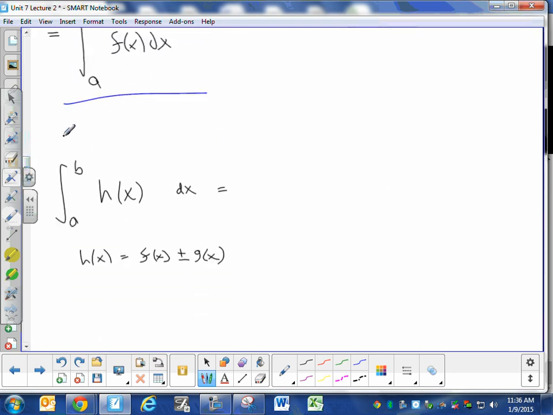One more. The integral from a to b of h of x dx, where this function h is a sum or a difference of two functions f and g. The area under this h, which is the sum of f and g, is just the area, or the integral, of the areas under the individual functions, either summed or subtracted from each other.